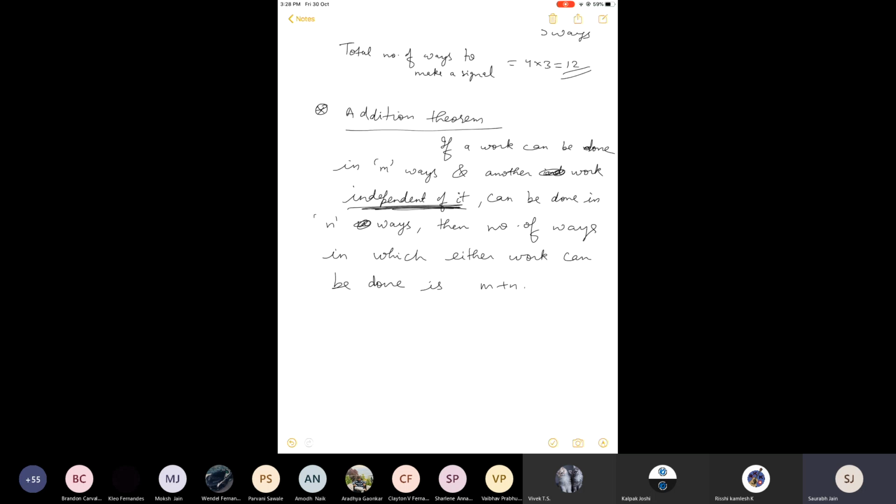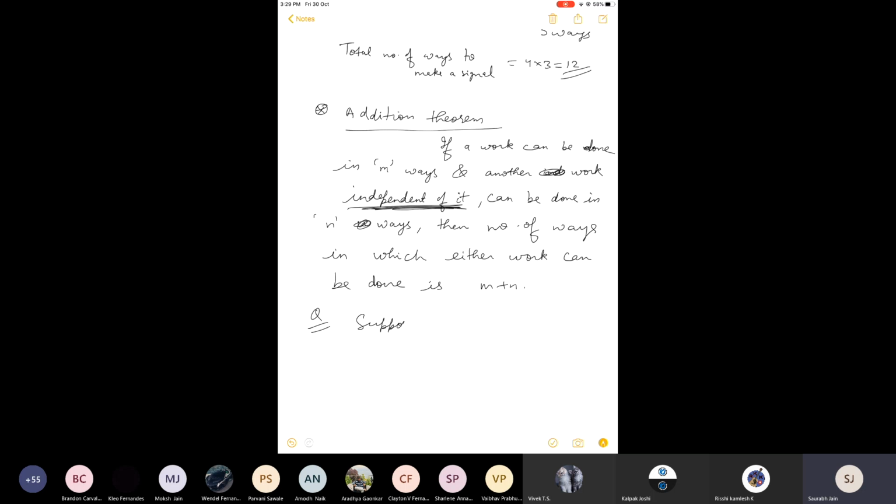Obviously we need an example. I will take one previous example to understand what exactly is the purpose of addition theorem or where it will be used. Same question.